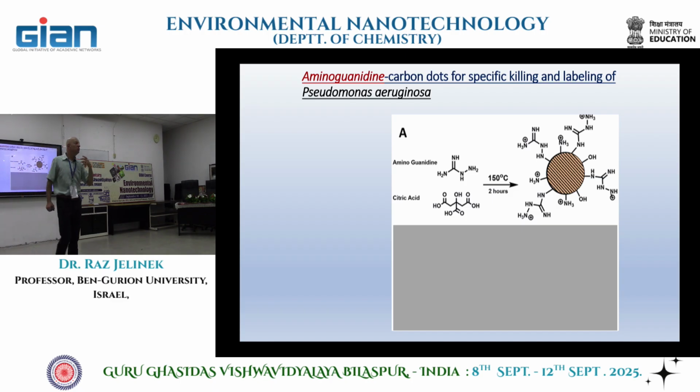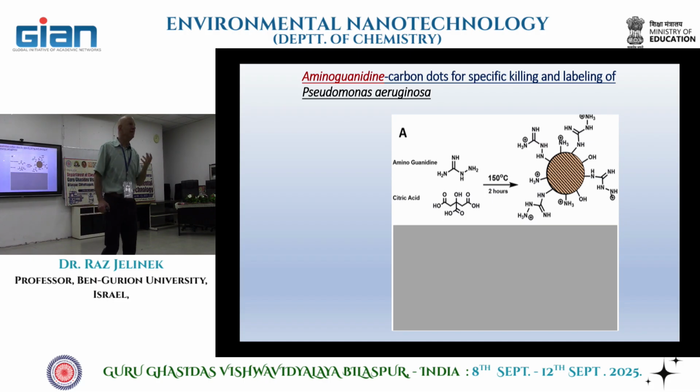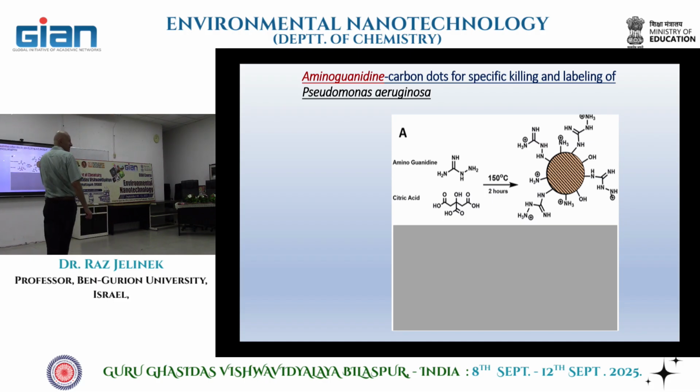Now we did not need to take specifically aminoguanidine, but what aminoguanidine gave us is these amino units. And when we make the carbon dots, you see that these carbon dots have the aminoguanidine units on their surface.